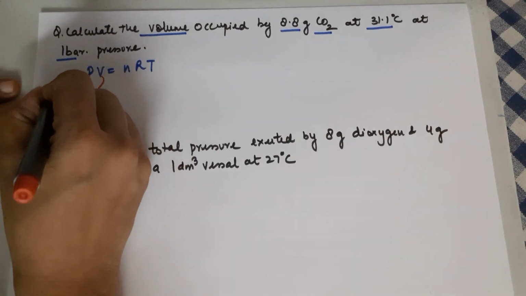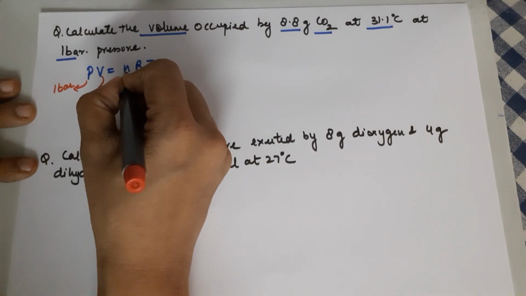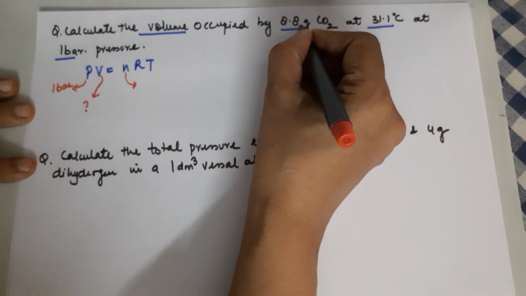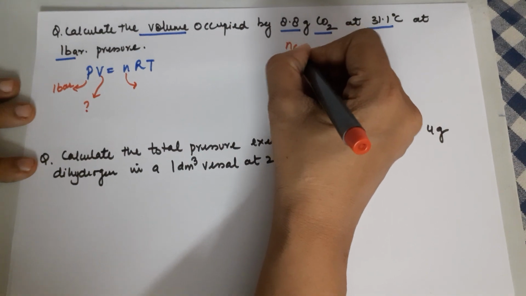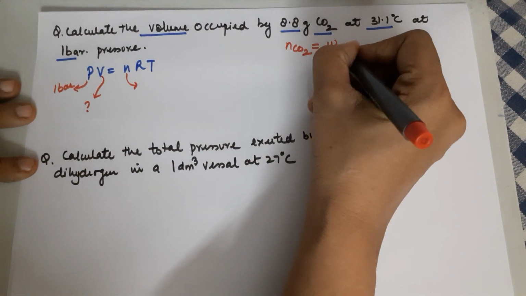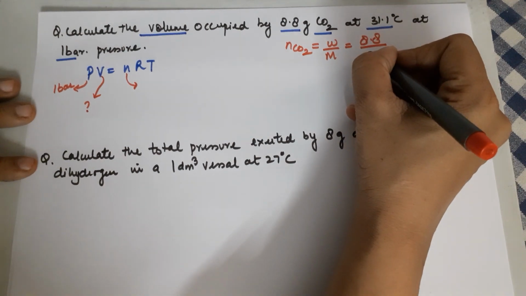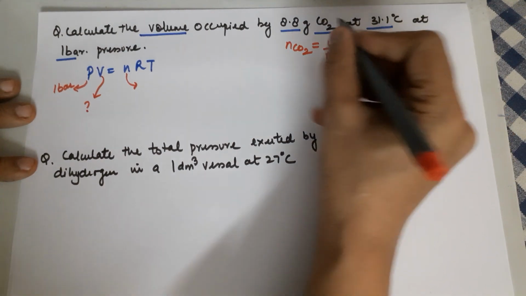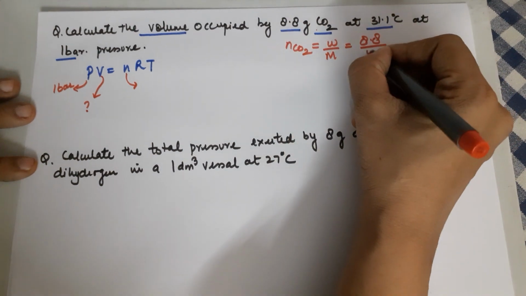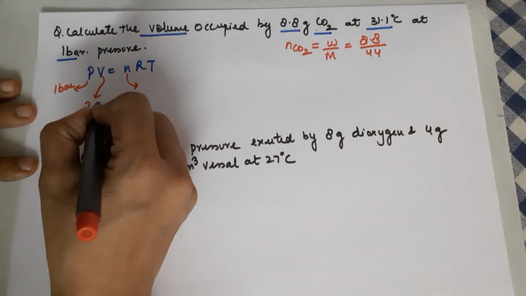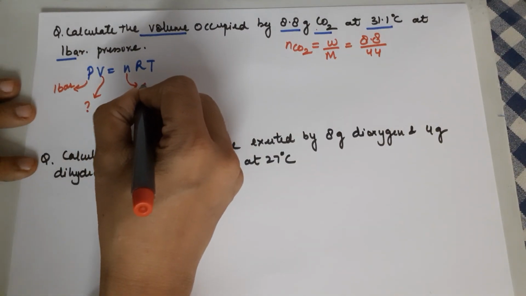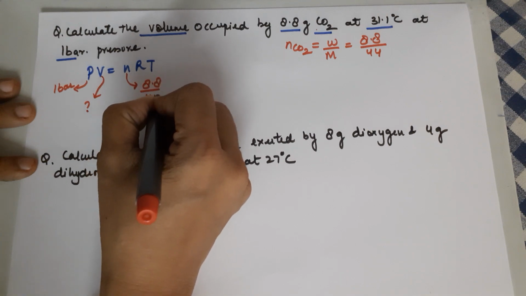The pressure given is 1 bar. The number of moles are not given, but you can calculate the number of moles of CO2 would be its weight upon molecular mass, which would be 8.8 divided by the molecular mass of CO2 comes out to be 12 plus 16 plus 16, which makes it 44. So you can substitute your number of moles is equal to 8.8 divided by 44.